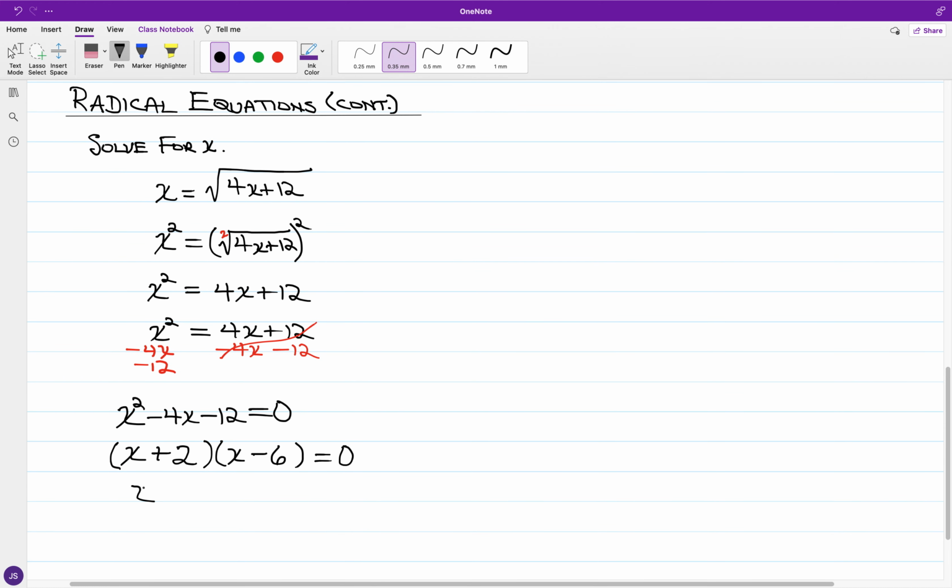Now we're going to have two apparent solutions. If I set x plus 2 equal to 0, we're going to have that x is equal to negative 2. And if we have x minus 6 equal to 0, we're going to have that x is equal to 6.